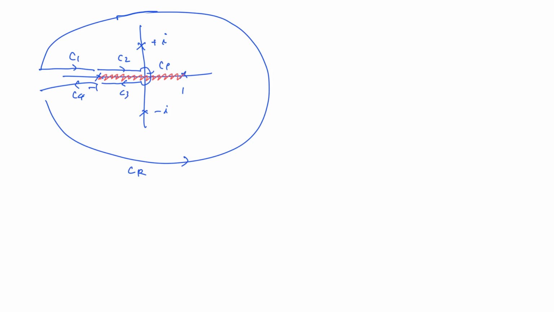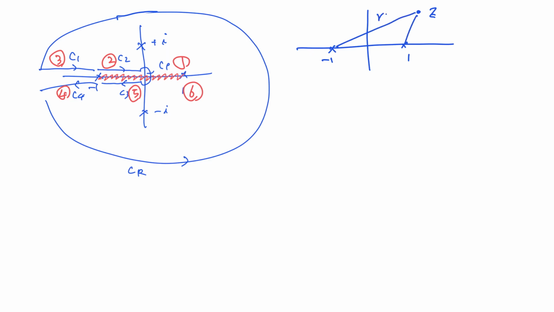So let's divide by this region 1, 2, 3, 4, 5, and 6, right? And then we are expressing the point at any point this way, R1, theta 1, R2, theta 2.